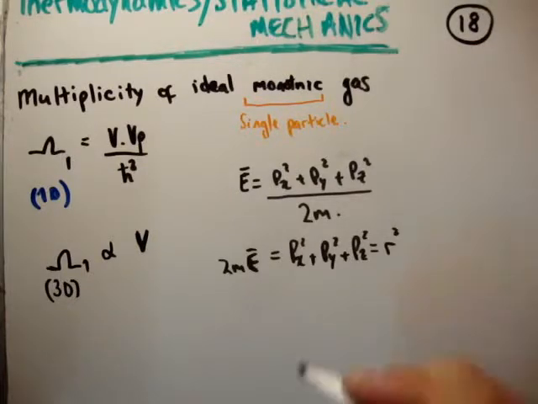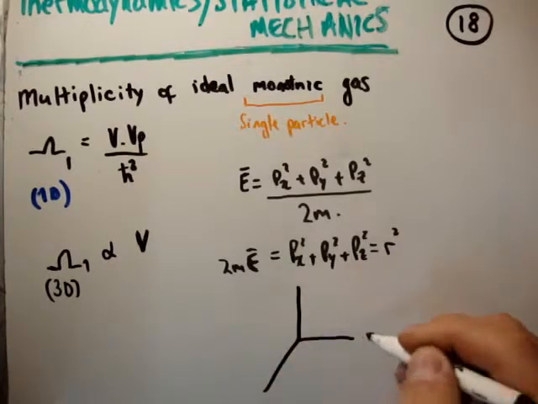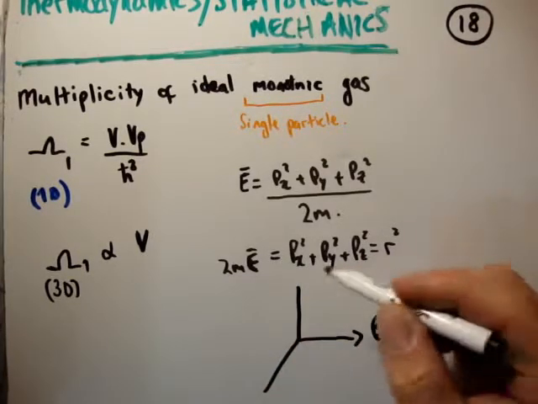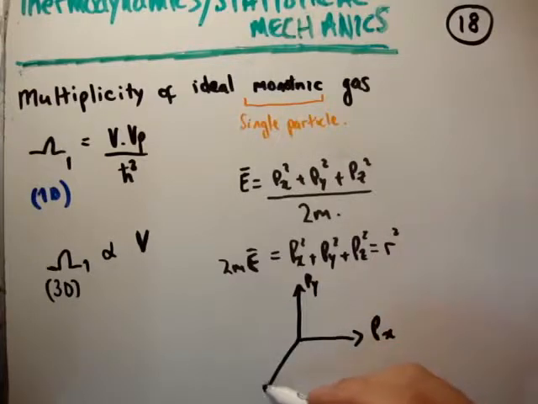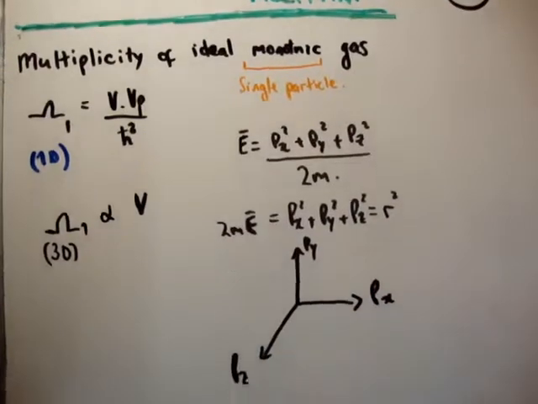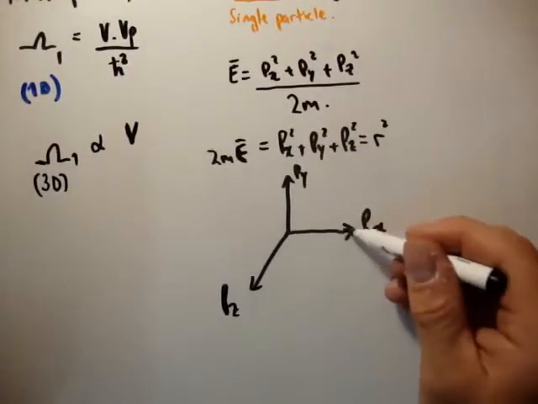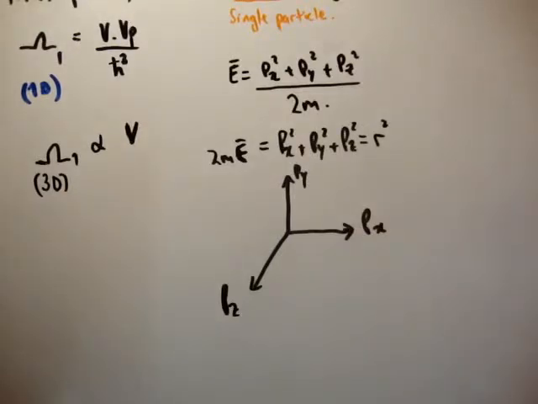So think about this. In momentum space, there's p sub x, there's p sub y, there's p sub z. So we're saying that the momentum and energy are related.